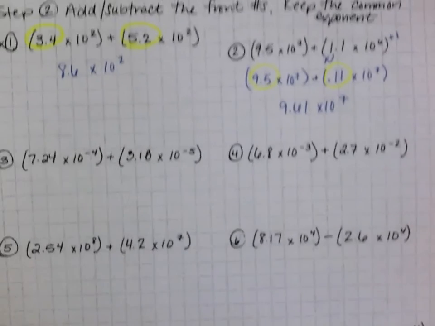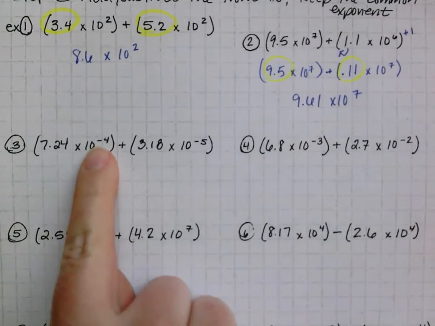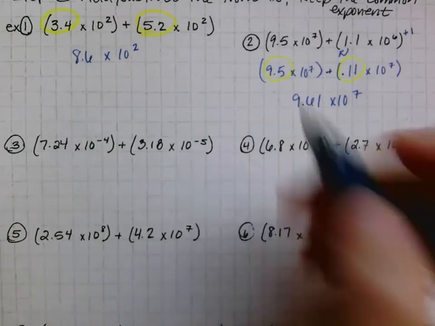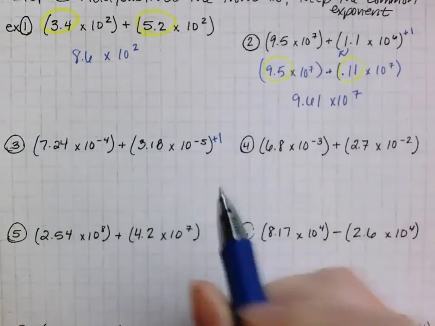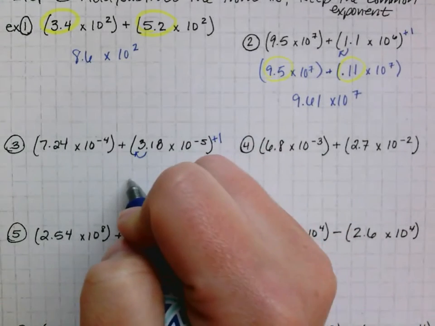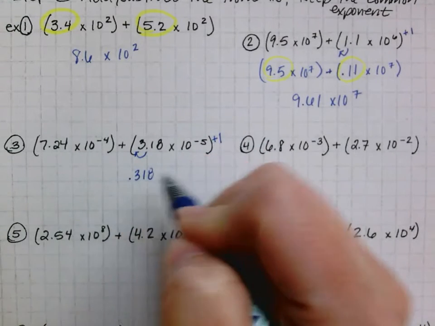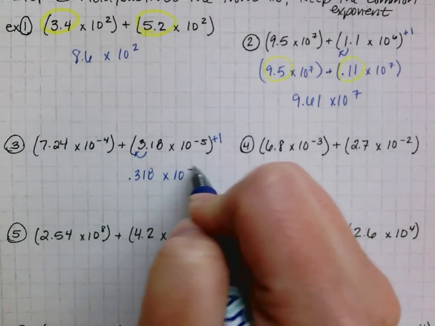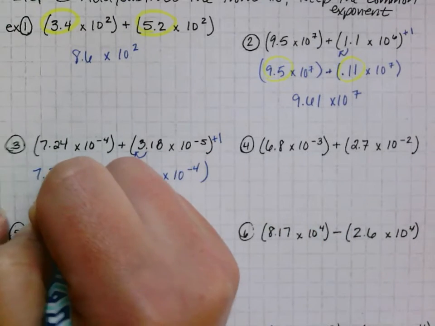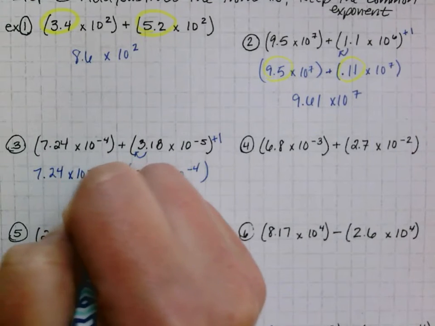In number 3, we have -4 and -5. So because -4 is the larger exponent, I want to match that one. So I'm going to add 1 to the 5, which forces me to move the decimal point to the left. So this becomes 0.318 times 10 to the -4th. And then my first power and scientific notation doesn't change.